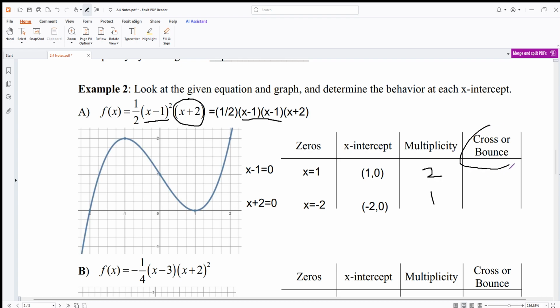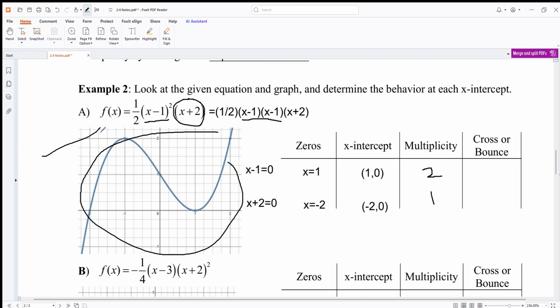Now, as for cross or bounce, this is looking at the graph. And fun fact, this graph is the graph of my f of x here. If I were to actually graph that thing out, this blue curve is what we have. So when we say cross or bounce, look at the point. We have 1 comma 0 right there. Now at that point, what is my graph doing? Is it crossing the x-axis or is it bouncing off of it?